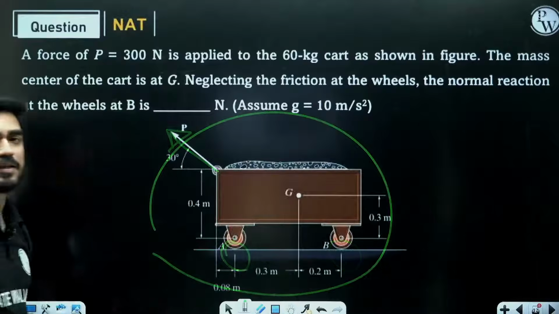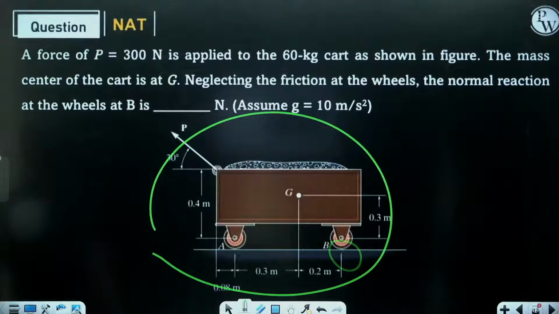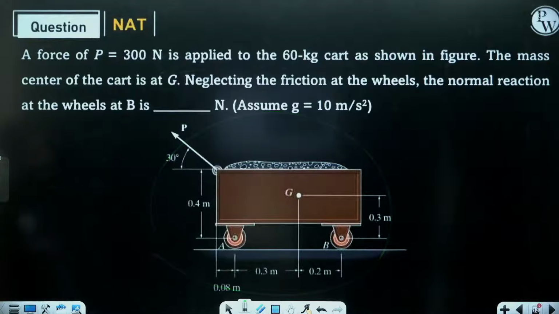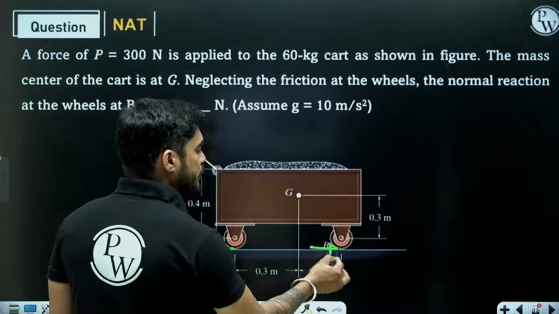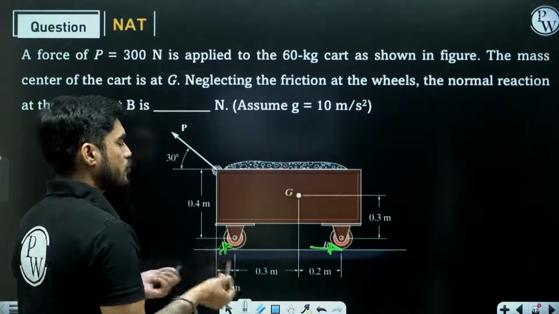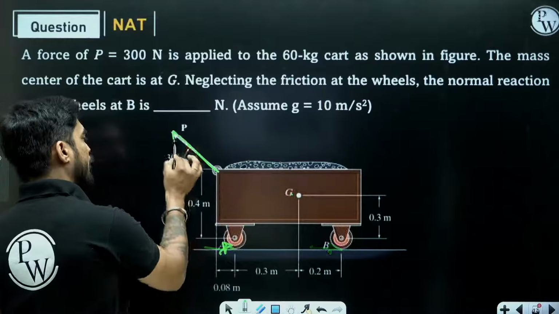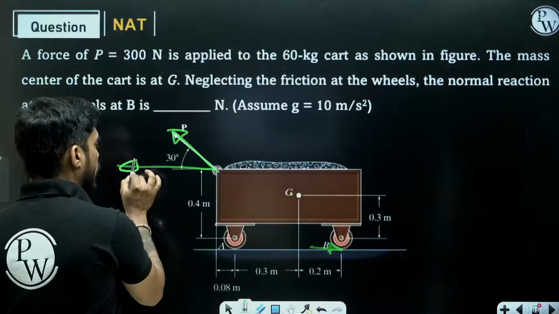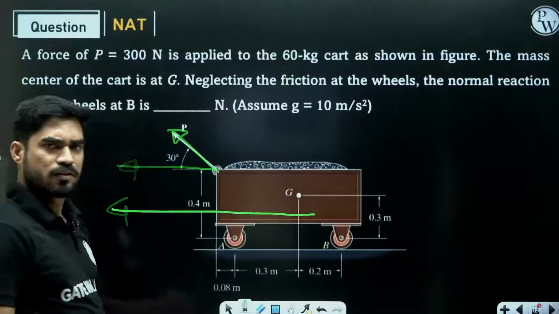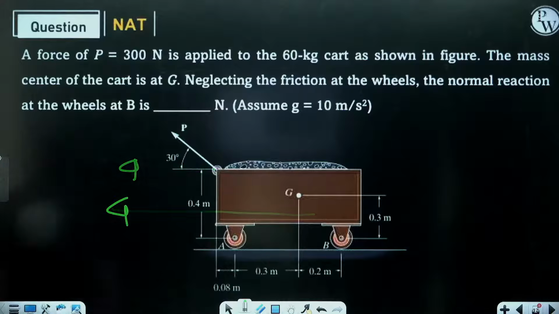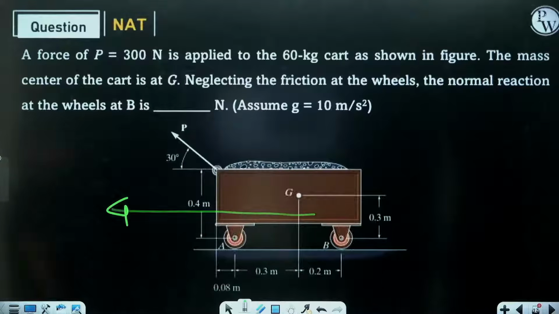Who will stop this body? No one can stop it, right? If there was friction here, then it would have stopped the body. But if there is no friction and you apply a force like this, due to the horizontal component, the body will start moving. So it is not a question of statics, it is a question of kinetics.